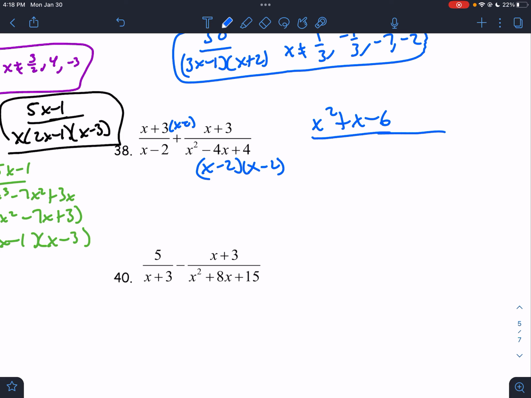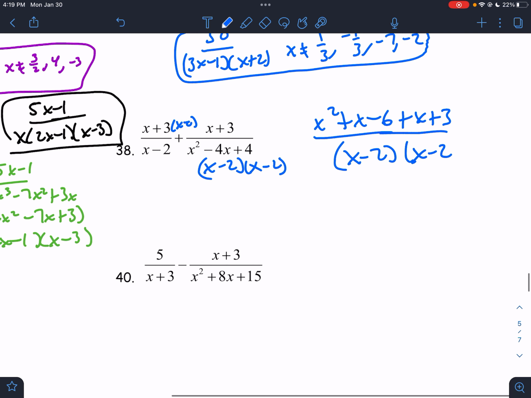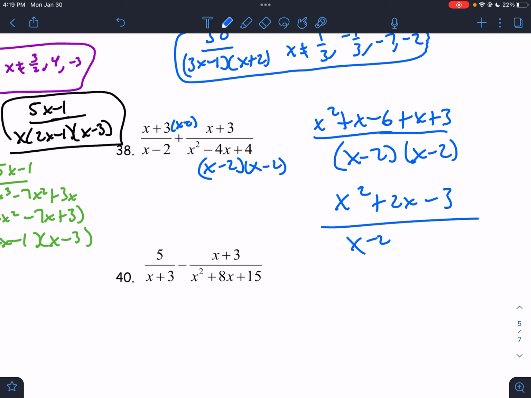And then that one has both of them. So then you have plus x plus 3 all over x minus 2 times x minus 2. So clean up the top. That would be x squared plus 2x minus 3 over x minus 2 times x minus 2.